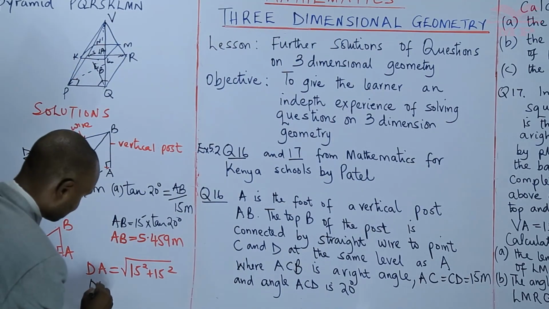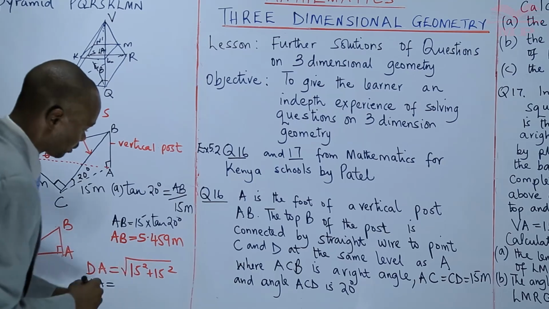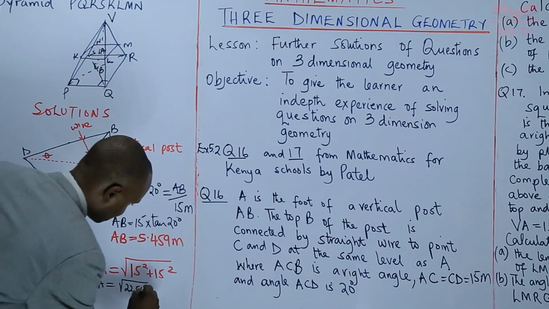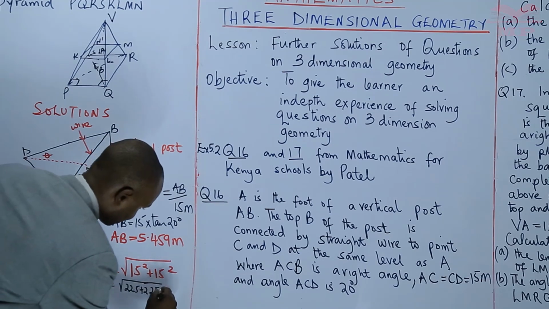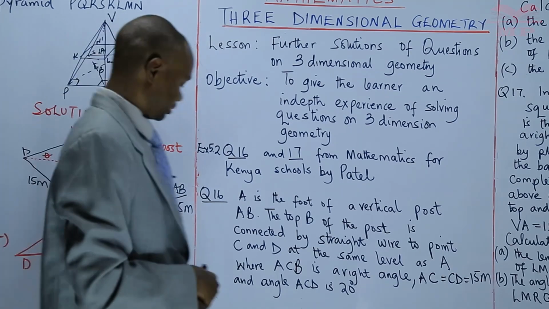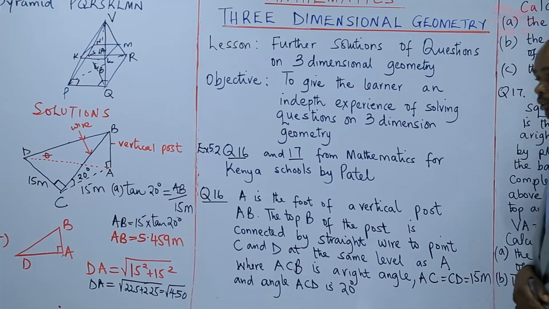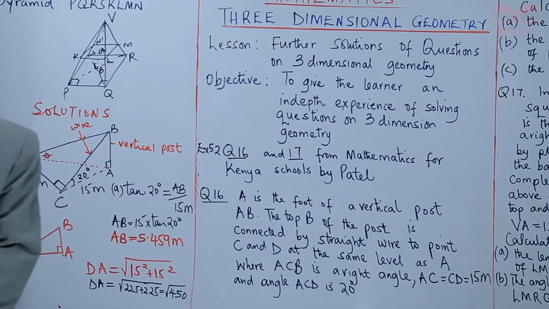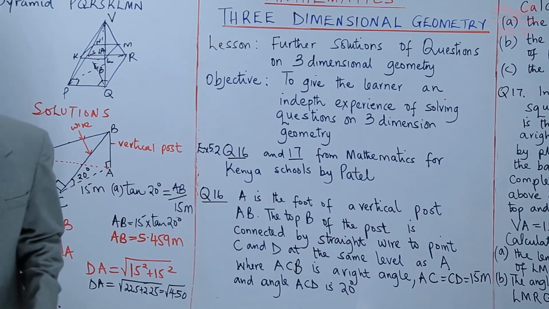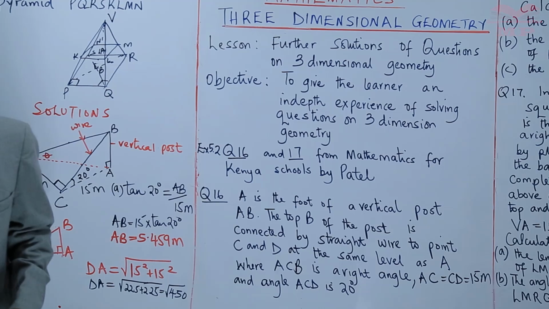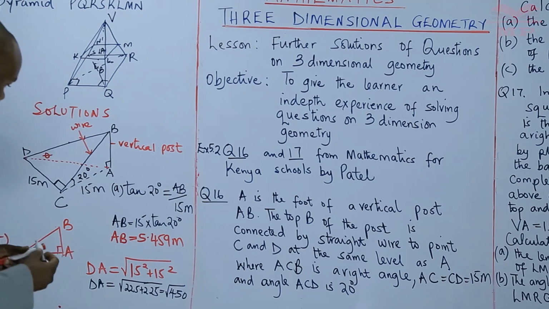15 squared is 225, plus 225, which gives us the square root of 450. If you calculate that using your calculator, the square root of 450 is 21.21.